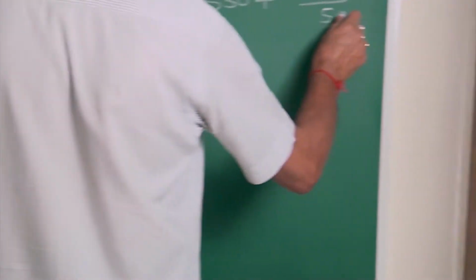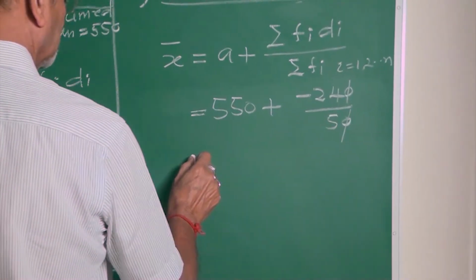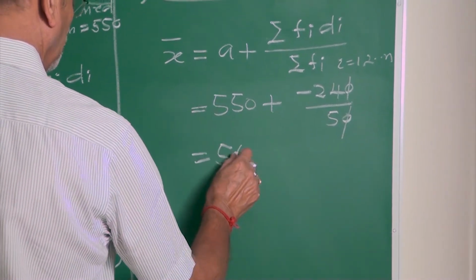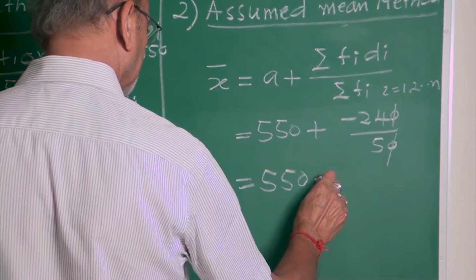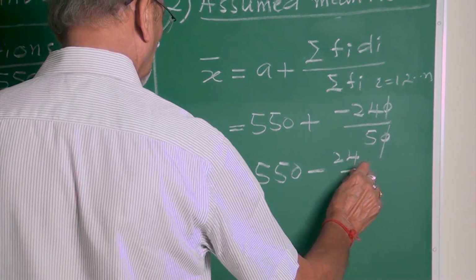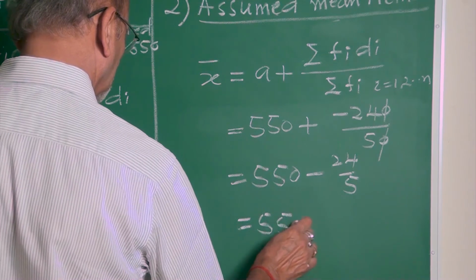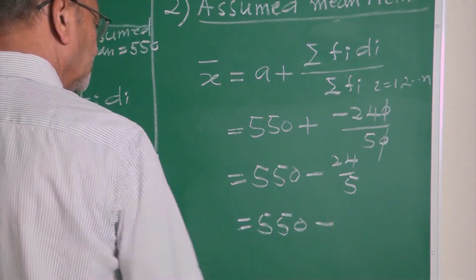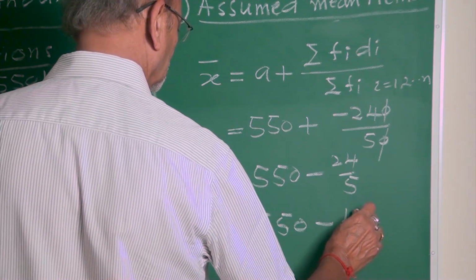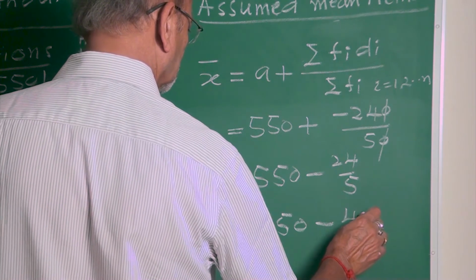The 0 is cancelled. This is 550 plus minus 24 upon 5, which is 550 minus, if you simplify this, 4.8.